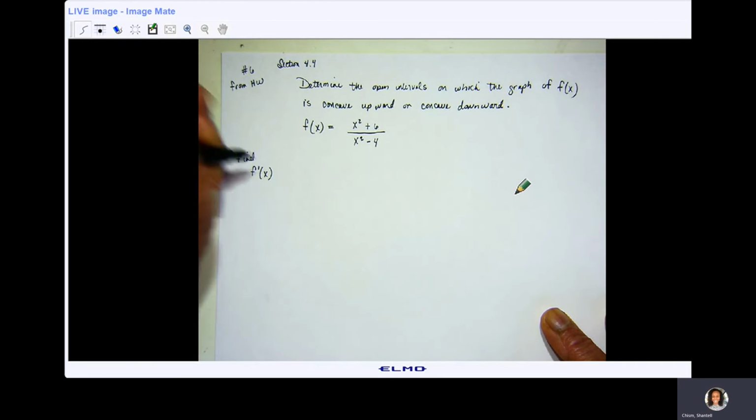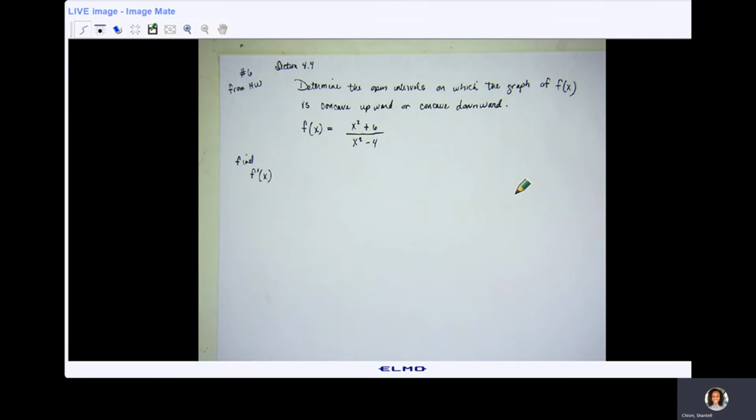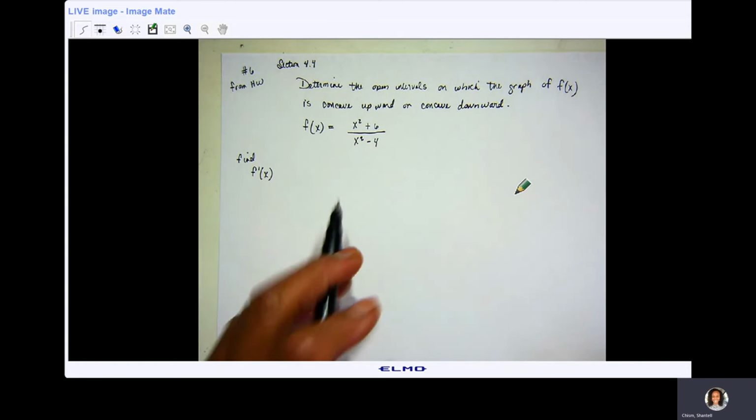We are going to find values where f double prime, the second derivative, is equal to 0 or where it doesn't exist, to help us set up our intervals. But also, remember, if your original function is not continuous anywhere, you have to use those values as well to set up your intervals.